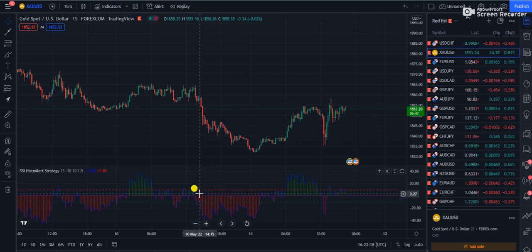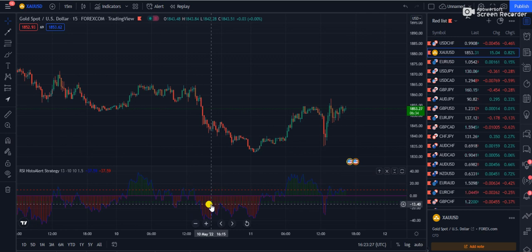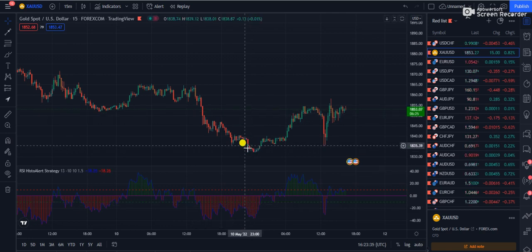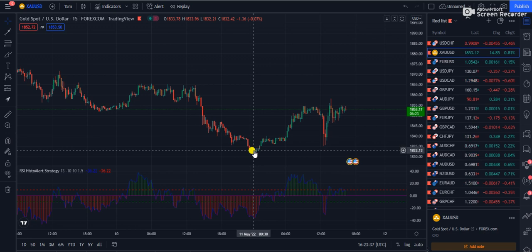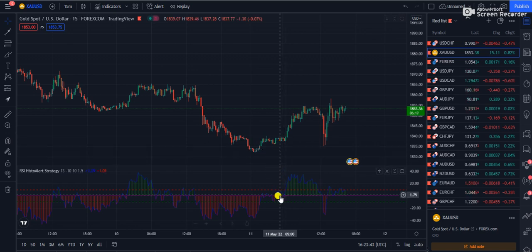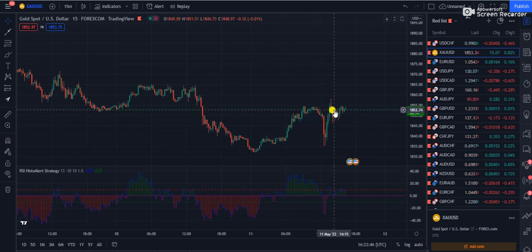Okay, now look at this point, and this point as well. Here the market was in the downward direction, and you can see the histogram turned red up to this point. If you look at this candle, here we had the downward trend on the 15-minute chart, and then again you can see some green moves coming over here, and the market pumped up.